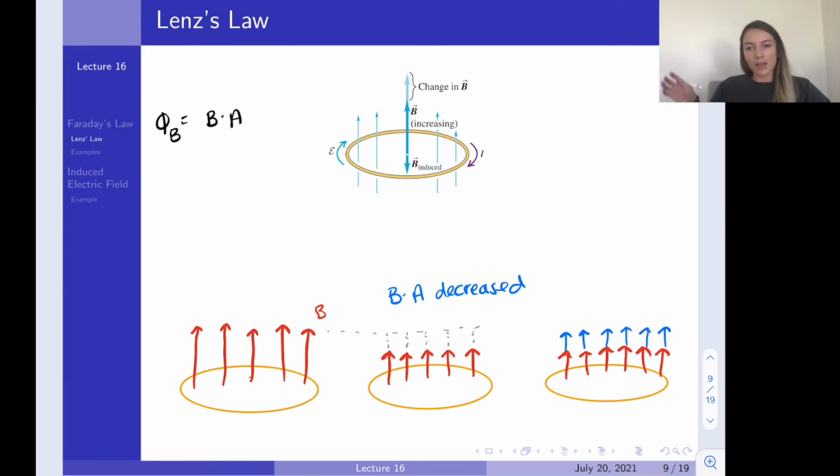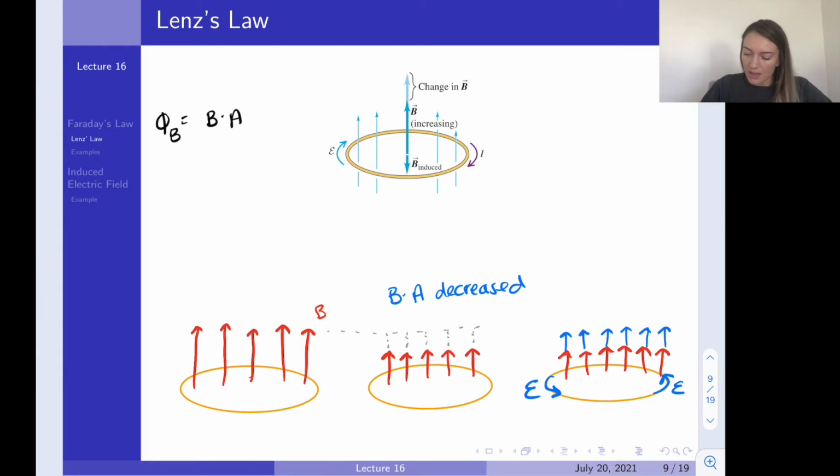And the way that you do that, you can use your right hand rule and say, okay, well, if I want my magnetic field to be pointing upward, my thumb is upward, what direction is my hand curling in? What direction does my EMF and my current have to be in? Well, this now is like counterclockwise. So this is going to induce an EMF in this direction, which will cause a current to run in this direction as well.